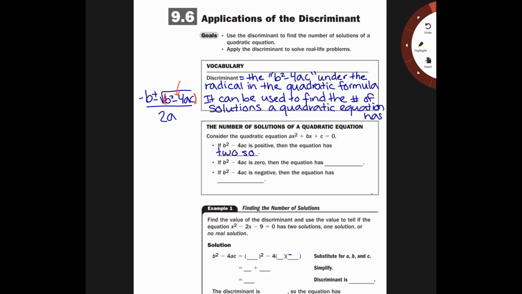This is the most common. If your b squared minus 4ac is 0, then the equation will have one solution. And if your b squared minus 4ac is negative, then the equation will have no solutions.